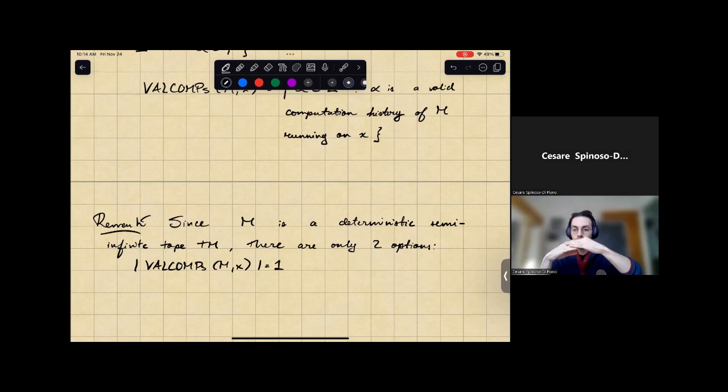So then you have two different strings which represent two different computation histories of M running on X, but that divergence means that at that point, M had a choice in its transition function, but by determinism, that's impossible, right? And so this is only possible if M halts on X.